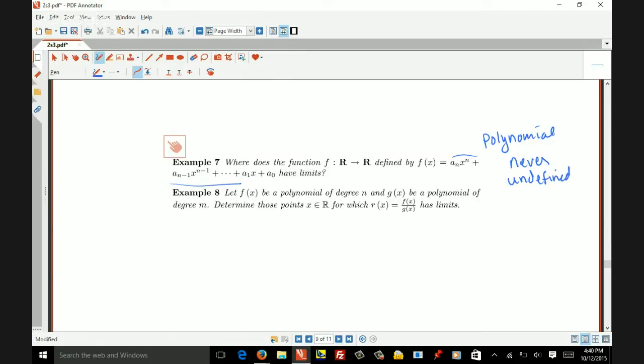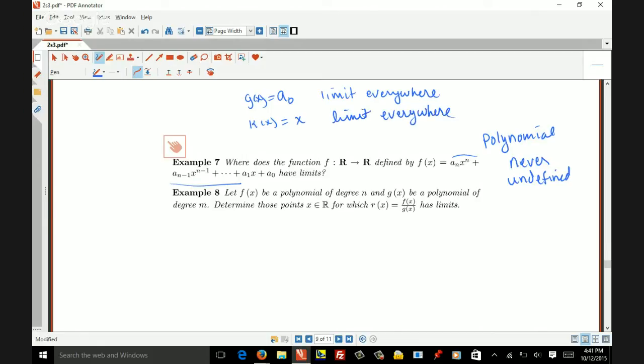Well, you can sort of figure this out by writing your polynomial function. First of all, you have the constant function. If you have g of x equals a_0, this has limits everywhere. If you write k of x to just be equal to x, this has a limit everywhere.